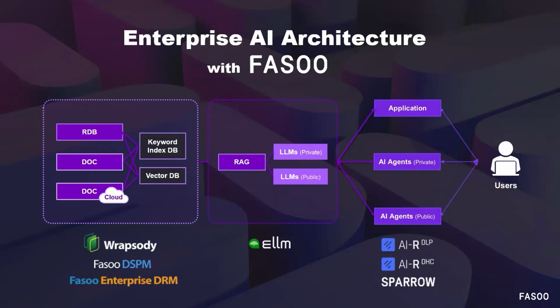And Fasoo has the components to address each of these areas. When I was talking about the persistent identifiers, finding the data, determining what is of value, eliminating redundant, obsolete, and trivial data, that's the tool set that we have over on the left.